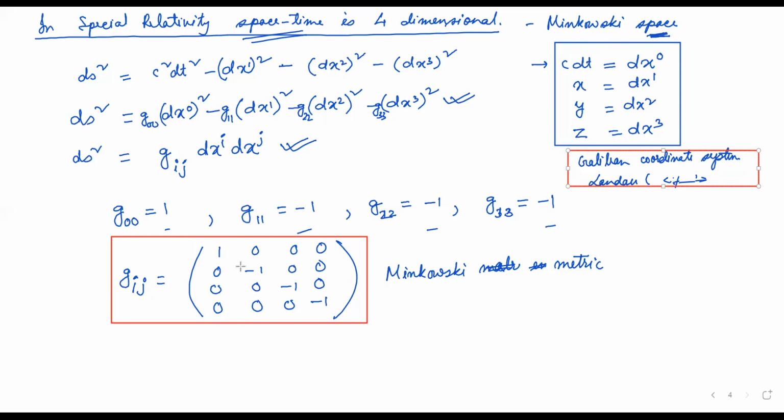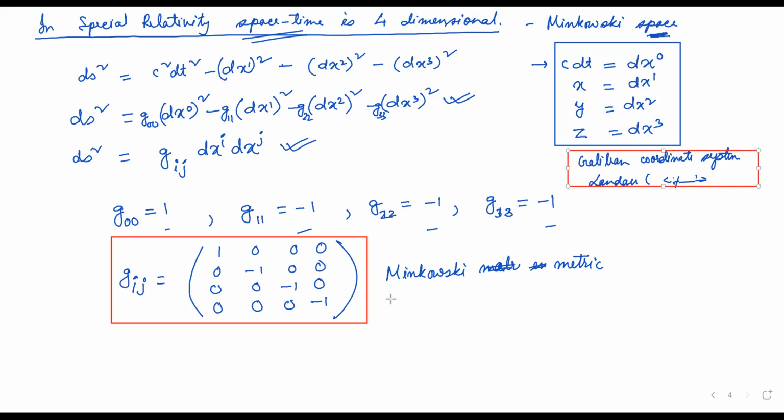The components of the metric tensor will change. Why? Because when we change the basis vectors, the components of a tensor change. If we are changing the coordinate system, we are changing the basis, so the representation of the tensors, that is, the components of the tensors, will also change.